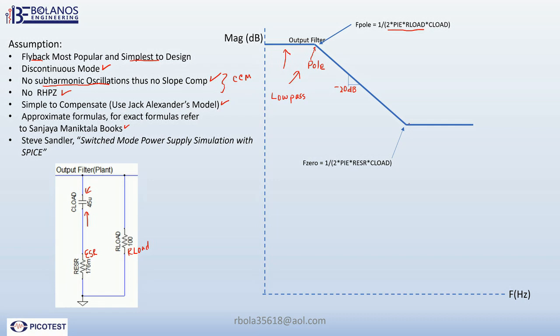Then you have another deflection, now it's going up, and this indicates that you have a zero. And here's the formula to calculate the zero of your output filter.